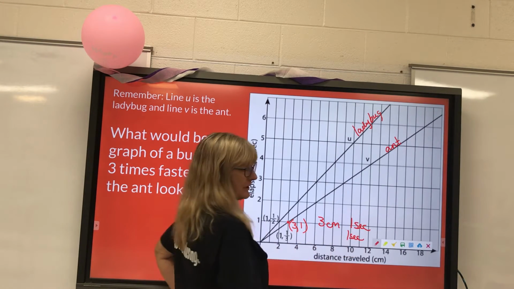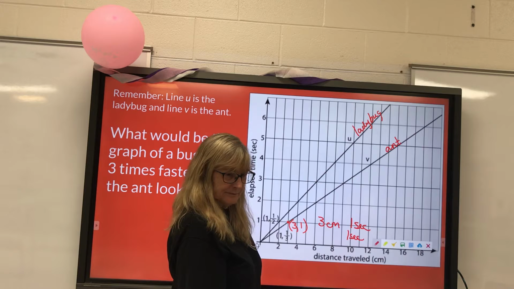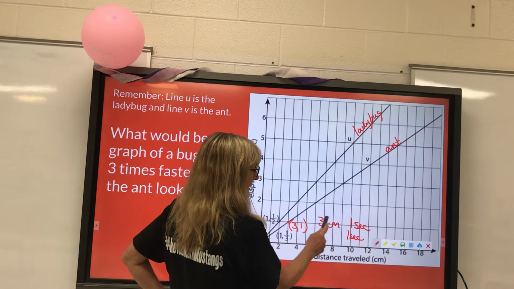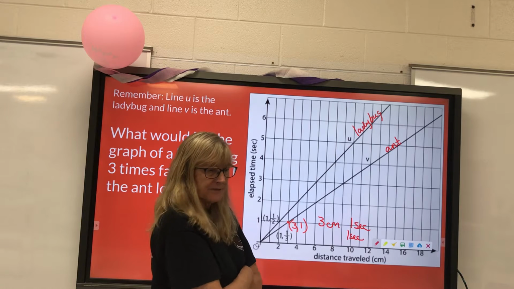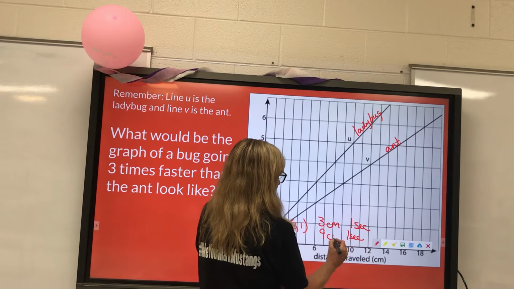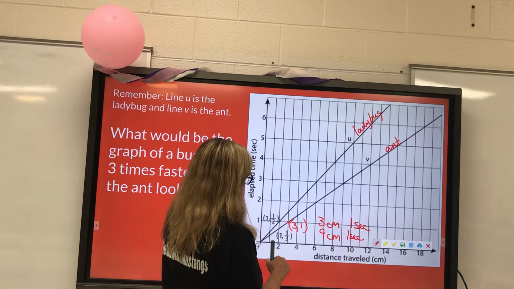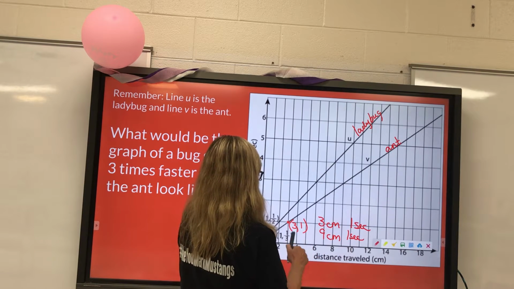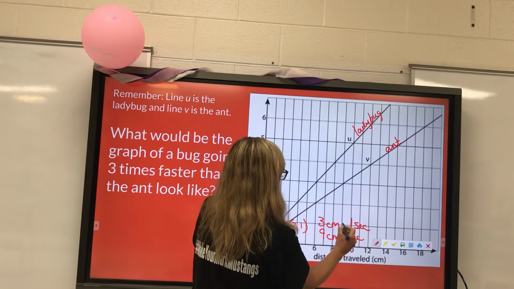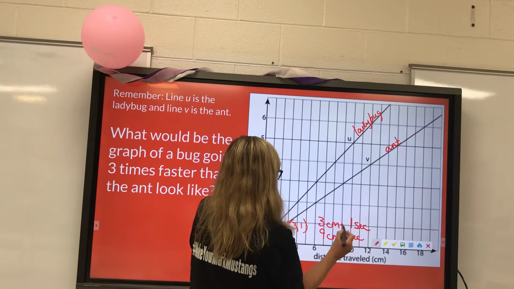Three centimeters to go in 1 second. How far will the new bug go in 1 second if he's going 3 times faster? 9. He will be at 9 centimeters. So I'm going to do 9, 1. So 9 is right here, 1 is right here.